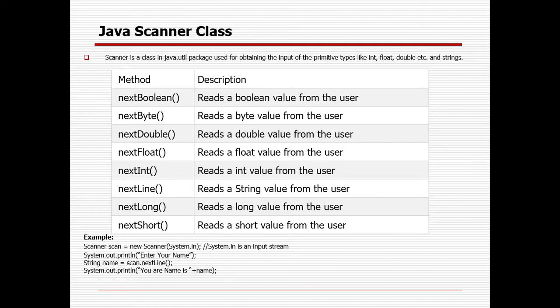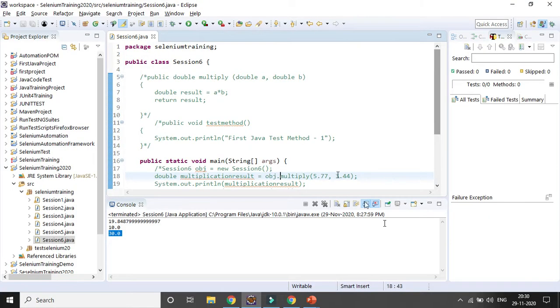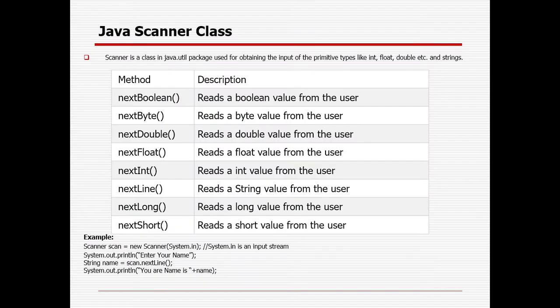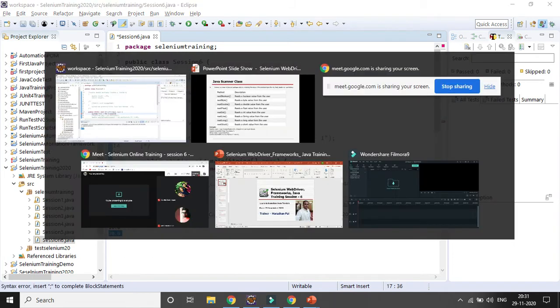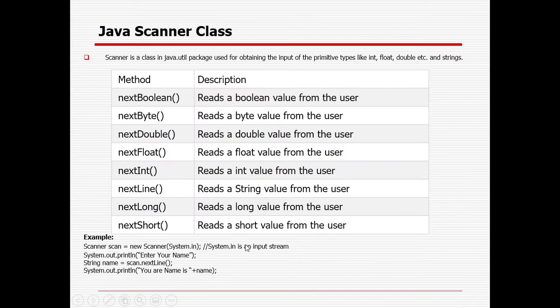In the main method, I will be using the Scanner class, and I need to declare a variable scan. I will create the variable equal to new Scanner. Whenever I use the Scanner class, I have to pass System.in as an input stream, because I want to read input.